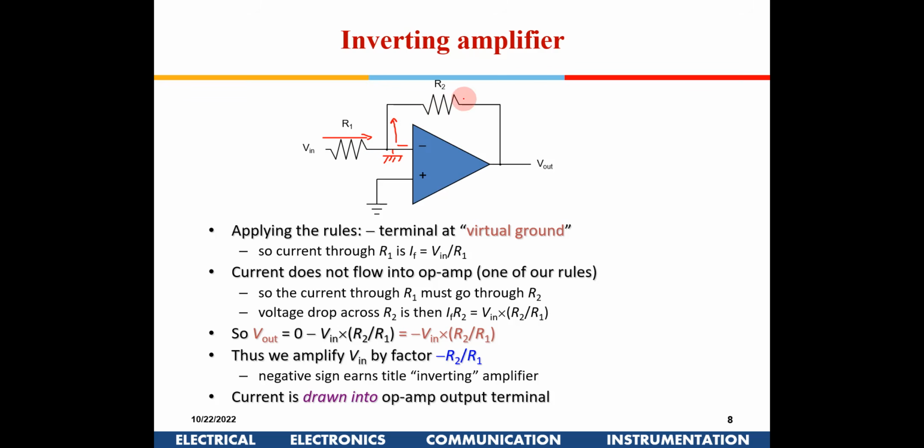Now you can equate these two currents. What will this current be? This will be V in divided by R1.